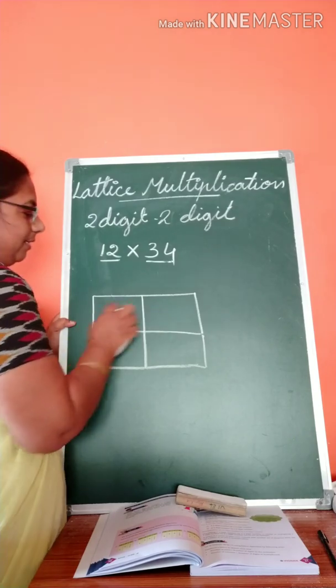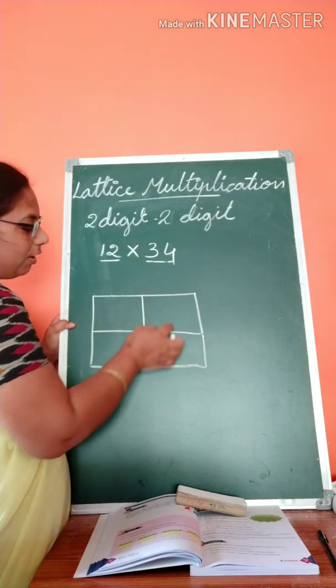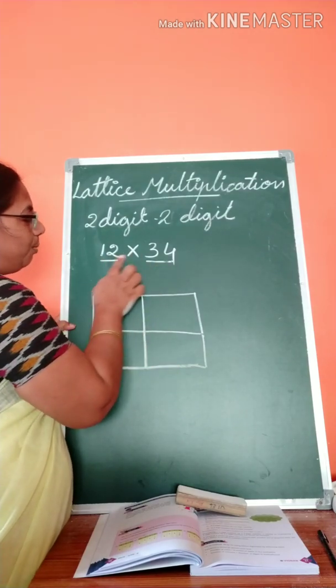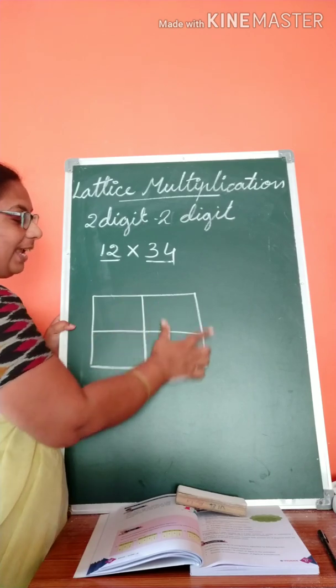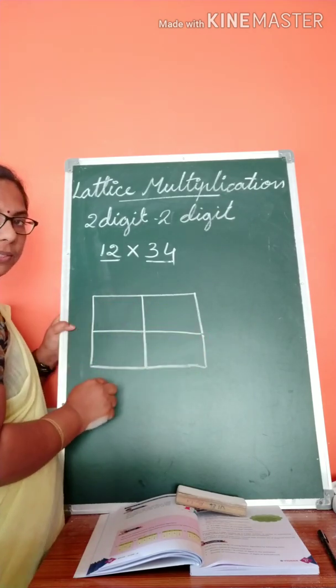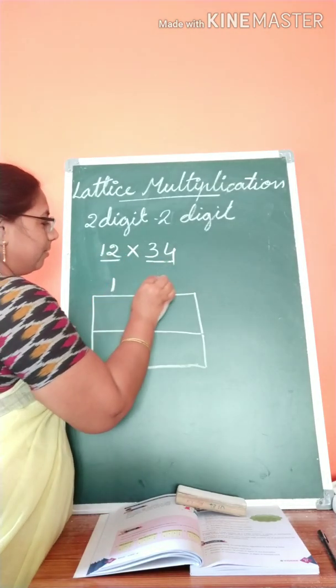See here, how many rows are there? 2. How many columns are there? 2. As we want 2 by 2 multiplication, we have to draw a shape so that there will be 2 rows and 2 columns. And write the numbers here, children. The first number is 12.